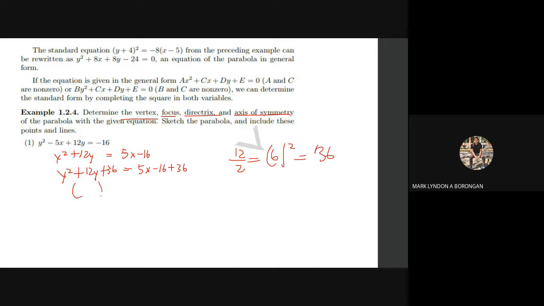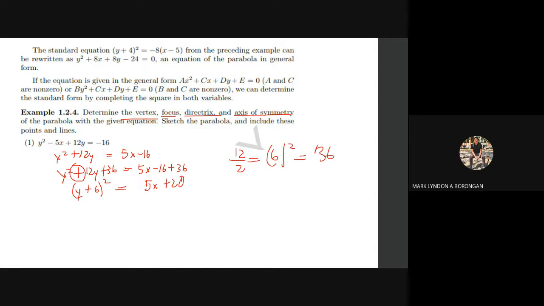Now, in order to compress this, all we have to do is get the square root of the first and last terms. The first term is y squared, so its square root is just y. The square root of the last term is 6. To determine the sign, we base it on the middle term. The sign of the second term is plus, so it is positive. Simplify the other side: 5x plus 20.